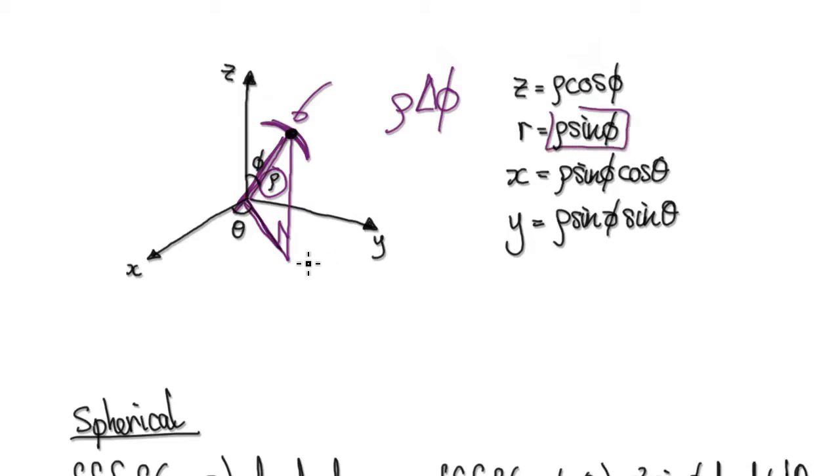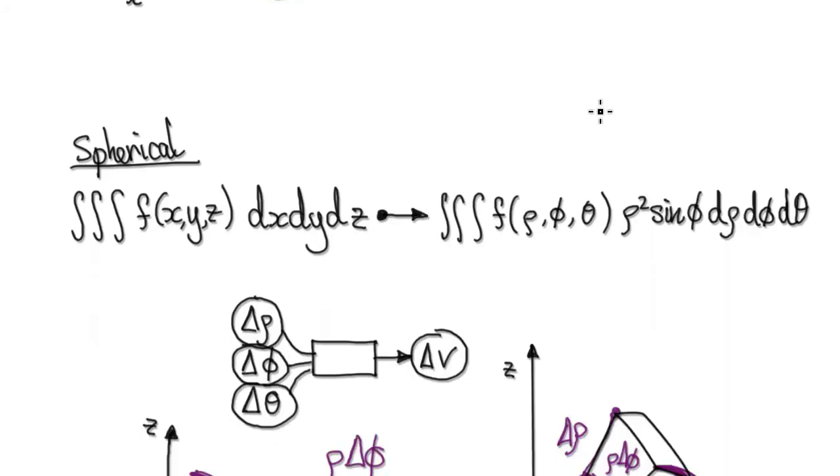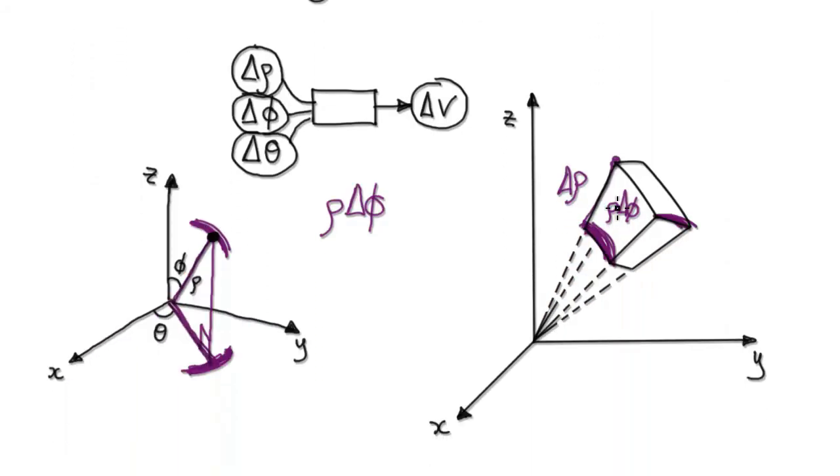So if you want to know this arc length, it would be this radius, which is this one here, times the change in theta. So going back down here, this length here is given by rho sine phi, and then you times by the change in the angle theta.